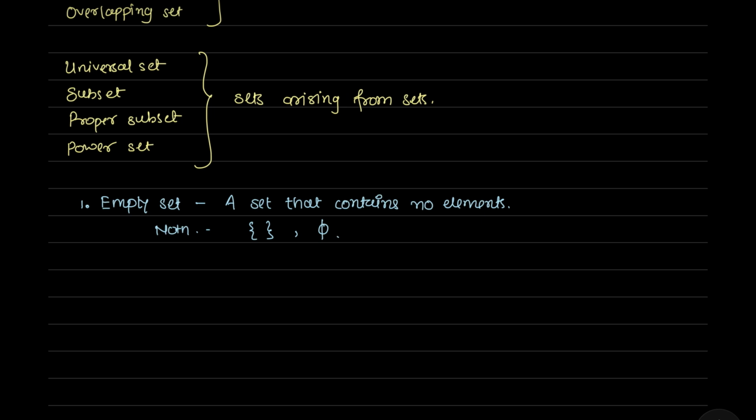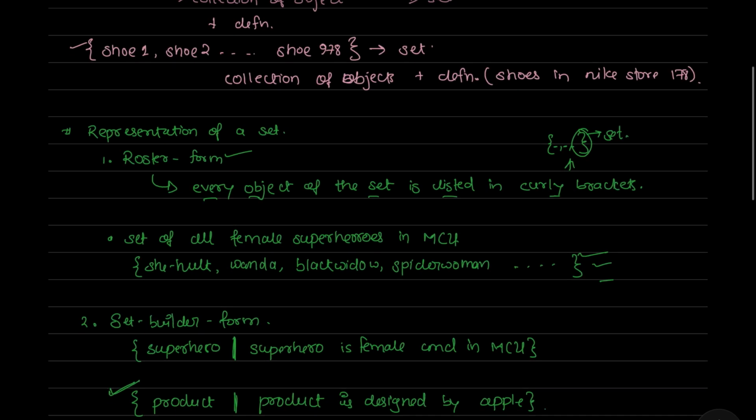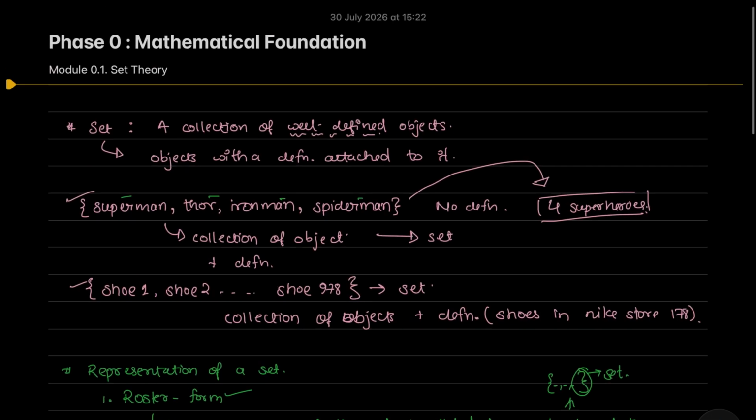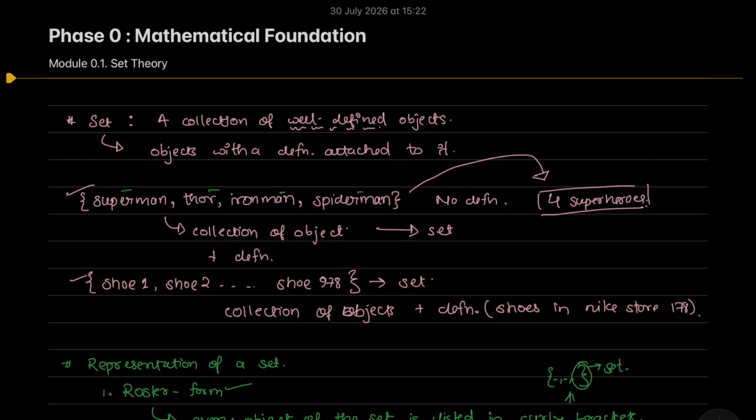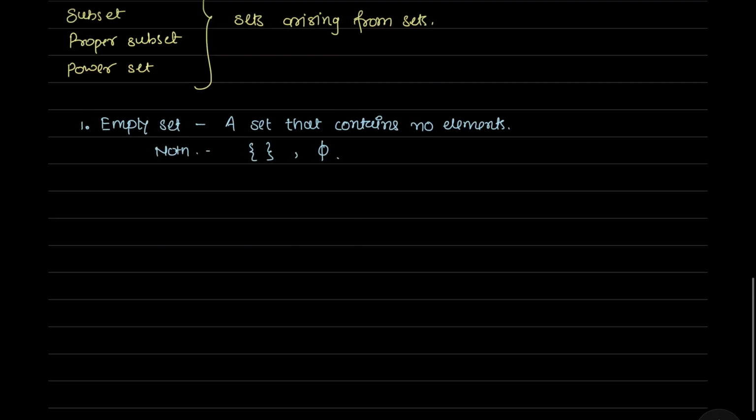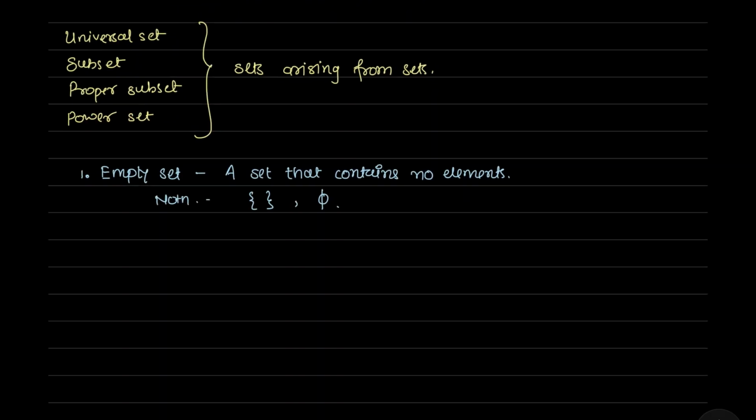Now, in the definition of set, we said that there has to be a definition attached to a collection of objects. What kind of definition can we attach to a collection of objects such that the collection has no elements?